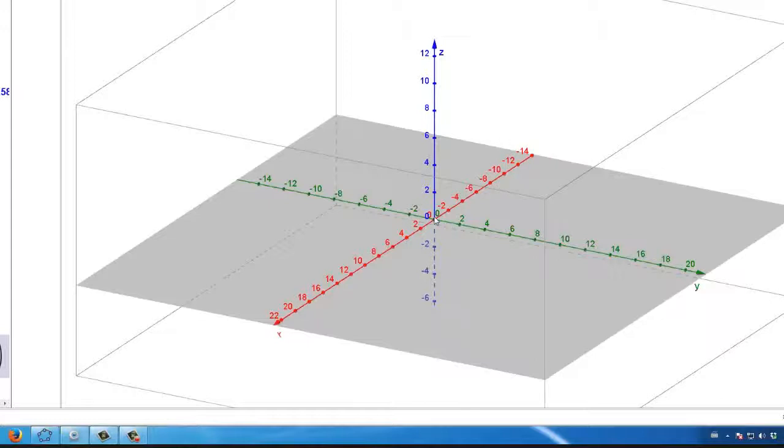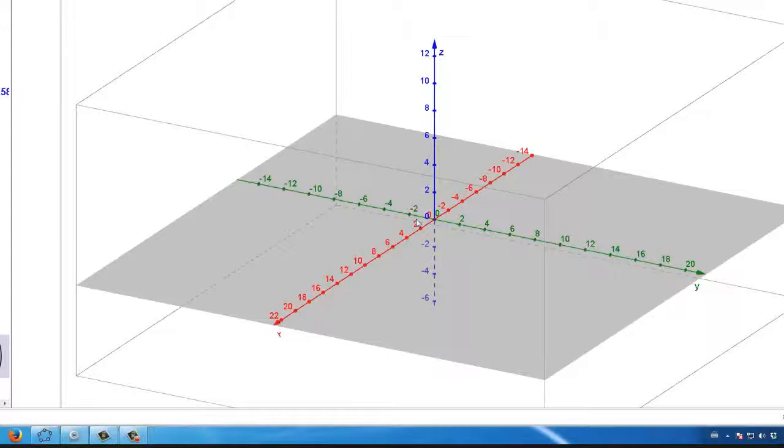So pretend that this is sitting on the page. How would you explain what's happening with the positive x-axis as it advances towards infinity? It's increasing by units of 2, but is it coming out of the screen at you?